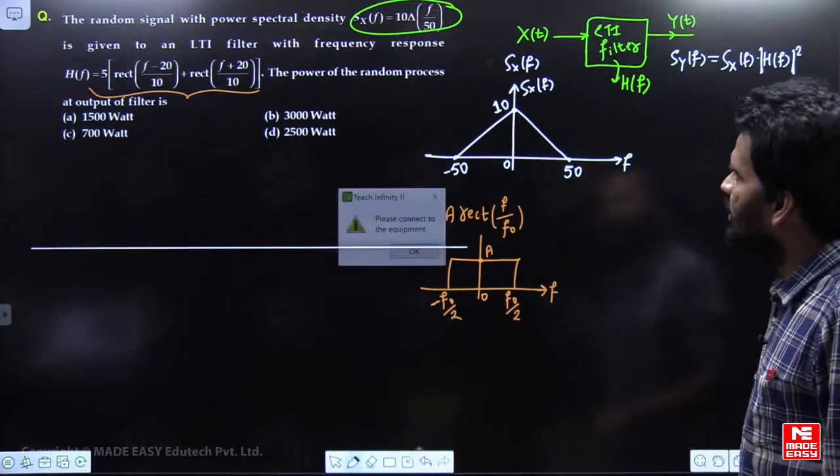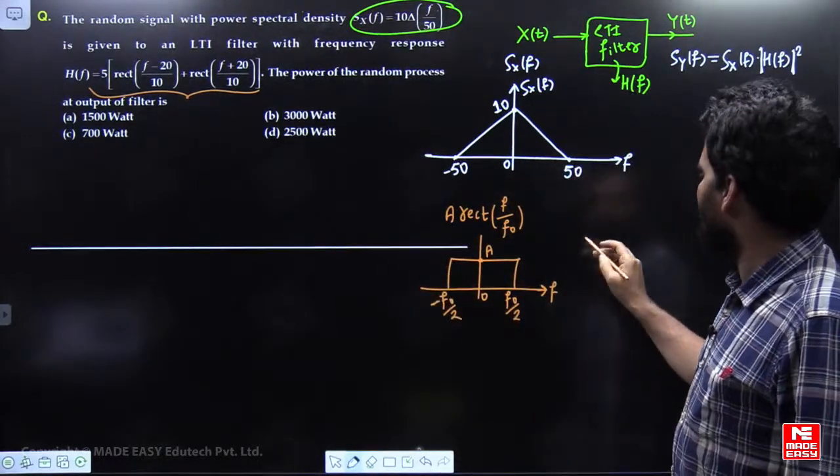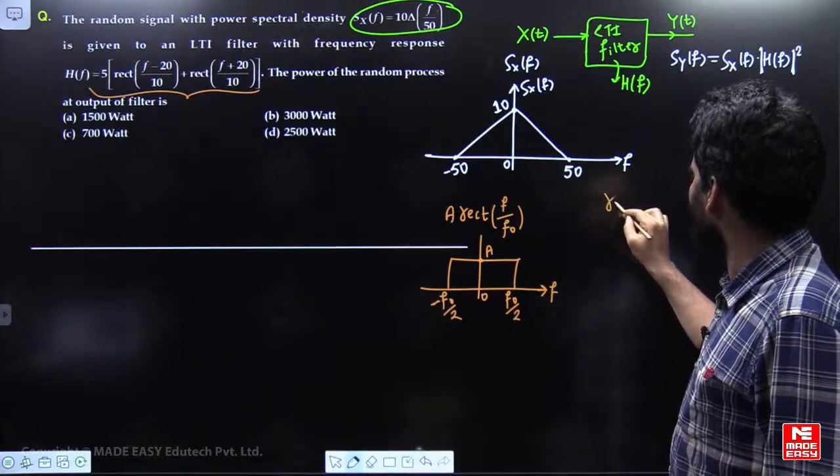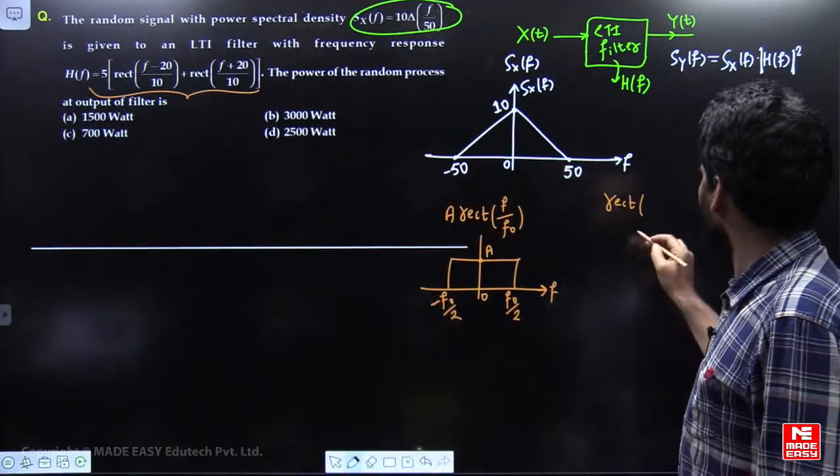Then if you see rect of f by 10, I am trying to plot this.